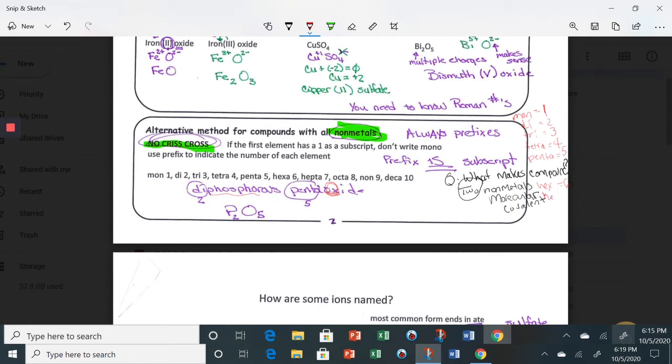Actually, it's heptagon. Sorry, it's a late night for me. Octagon, nine, and deca. Yeah, deca, it's 10. That'll get you through most prefixes.